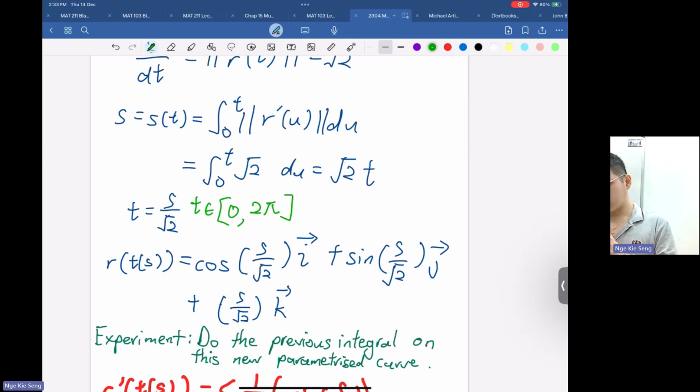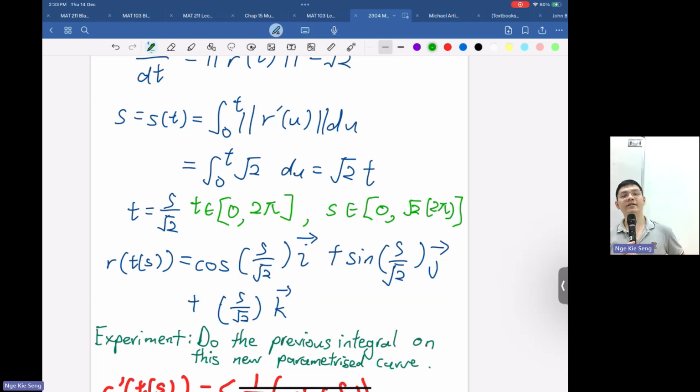If I do the change of variable, this means my new x should be going from 0 to 2 pi over square root 2 to draw the helix. Correct? Let me think. Oh, times, sorry, times. You are correct. So square root 2 times 2 pi.